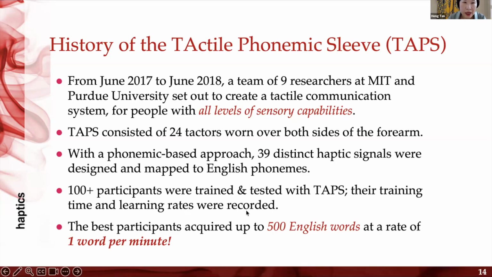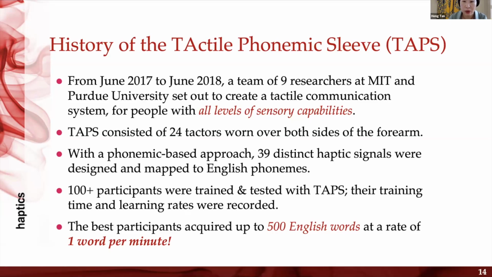We trained them, we tested them to refine the signal, and we meticulously tracked every minute they spent learning because we also cared not just how much they can learn to communicate with this device, but how quickly they can learn to do so. So I'm very proud to say that the best participants acquired up to 500 English words at a rate of 1 word per minute.